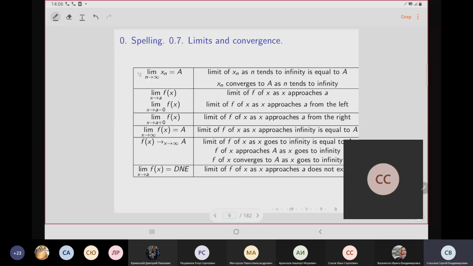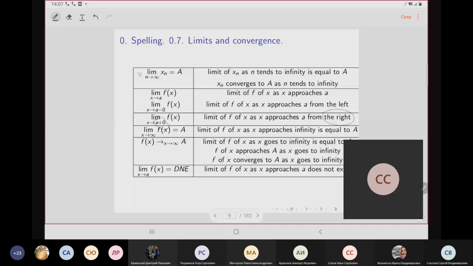If our variable approaches some point from the left or from the right side, we use this notation and this spelling. And some other examples are very similar to series. Approach, converge, the same words.